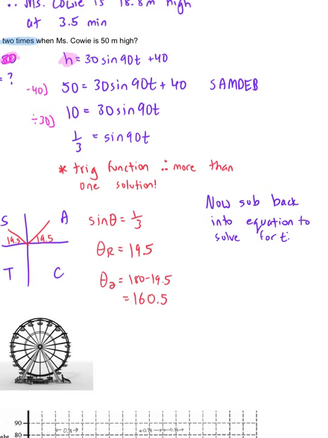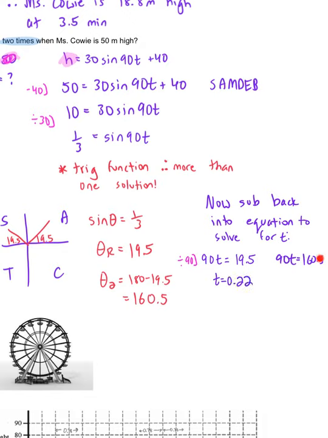So now we are going to sub back in and we want to find t. So the angle 19.5 is equal to 90t and 160.5 will set equal to 90t. So the first equation, 90t is equal to your first angle. Divide both sides by 90 to isolate for t. And when you do that, you get t equals 0.22.